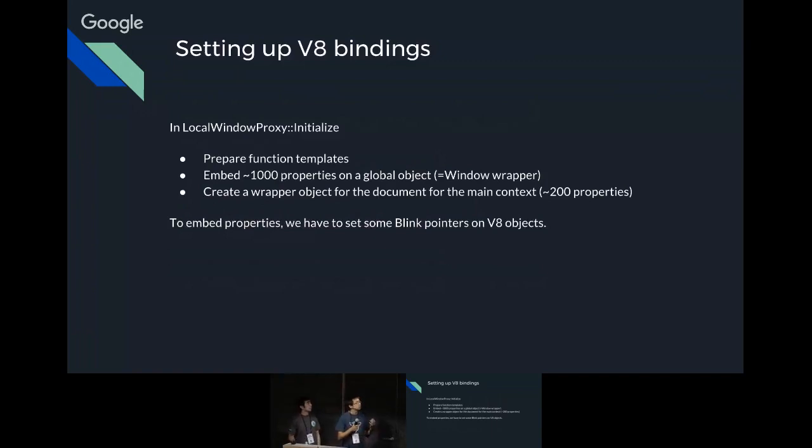We also need to do something more on the Blink side to actually set up the iframe or the main browsing context. So before using a snapshot, let me introduce what we should do to set up an environment in the Blink process. Simply speaking, we have to prepare function templates and embed about 1,000 properties on a global object.